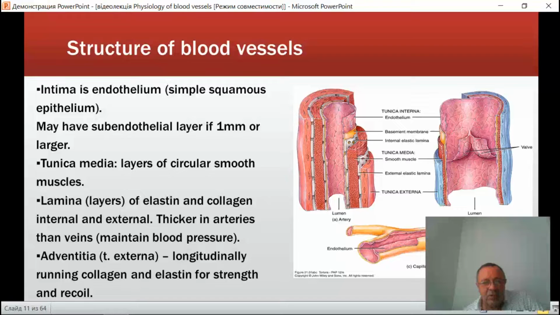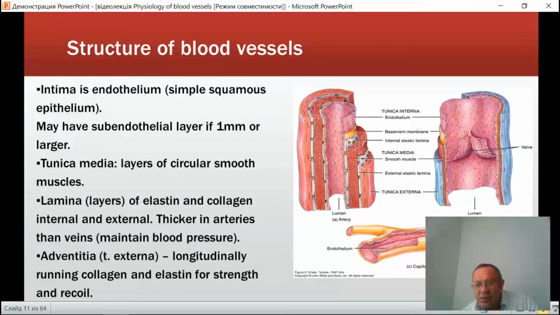Wall of vessels consists of intima, the endothelium, a simple squamous epithelium, which may have a subendothelial layer in vessels of 1 mm or larger; tunica media, a layer of circular smooth muscles, with internal and external laminae, layers of elastin and collagen, thicker in arteries than veins, which maintain blood pressure; and adventitia, tunica externa, longitudinally running collagen and elastin for strain and recoil.